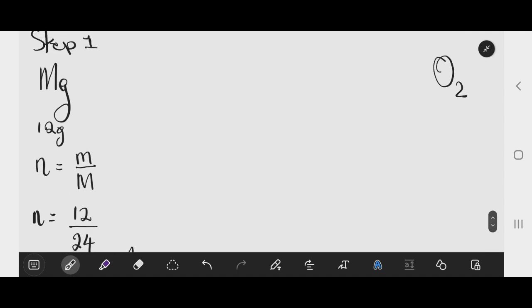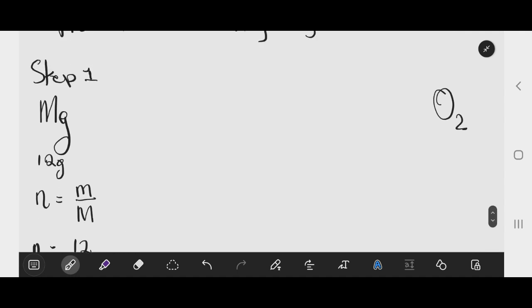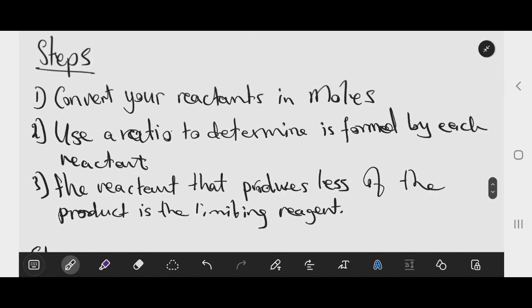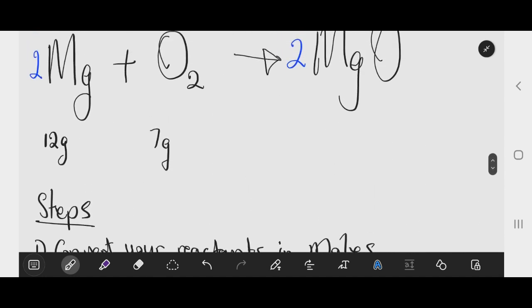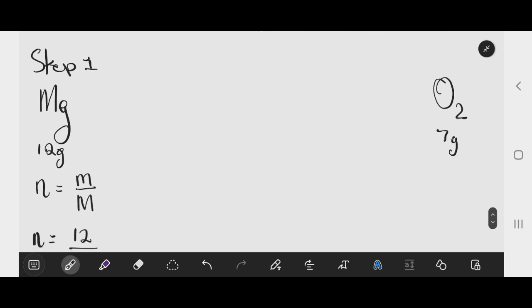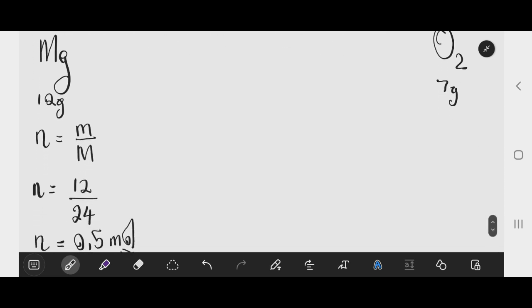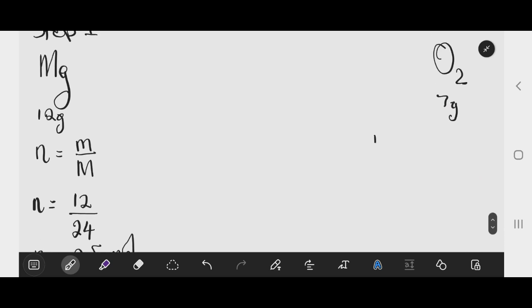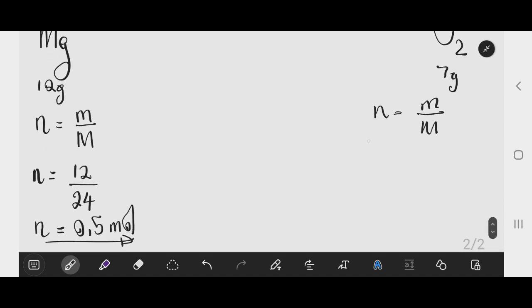So now let's go and convert whatever we have for oxygen into number of moles. So for oxygen, we had 7 grams of oxygen, right? And how do we convert mass into number of moles? We use the formula number of moles is equal to mass over molar mass, right? The mass of oxygen gas is 7, and the molar mass is 2 times 16, right?